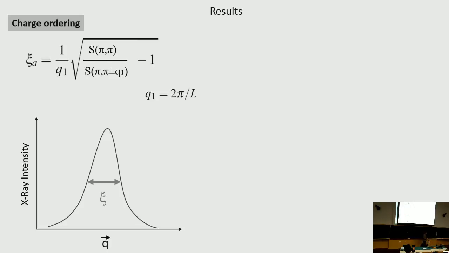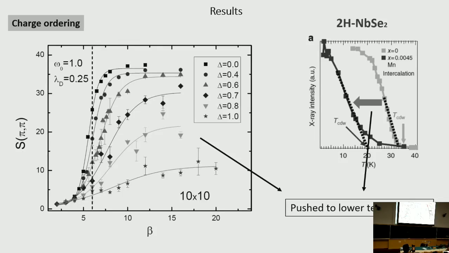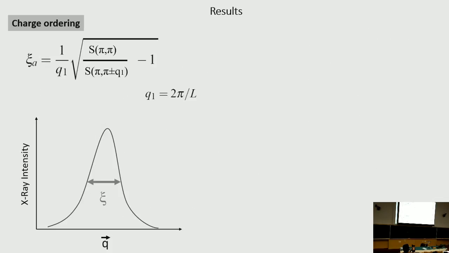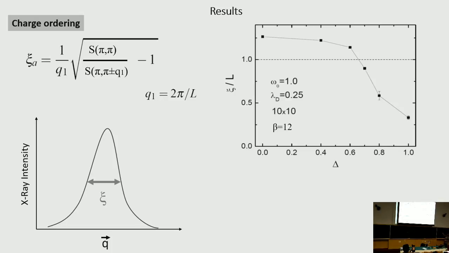And in order to say something about the puddles, we need to analyze, for instance, the correlation length of the charge-charge correlations. The correlation length is basically the width of the X-ray intensity, and numerically we can measure it by this equation here. Using these results and calculating the correlation length, we see this result here.